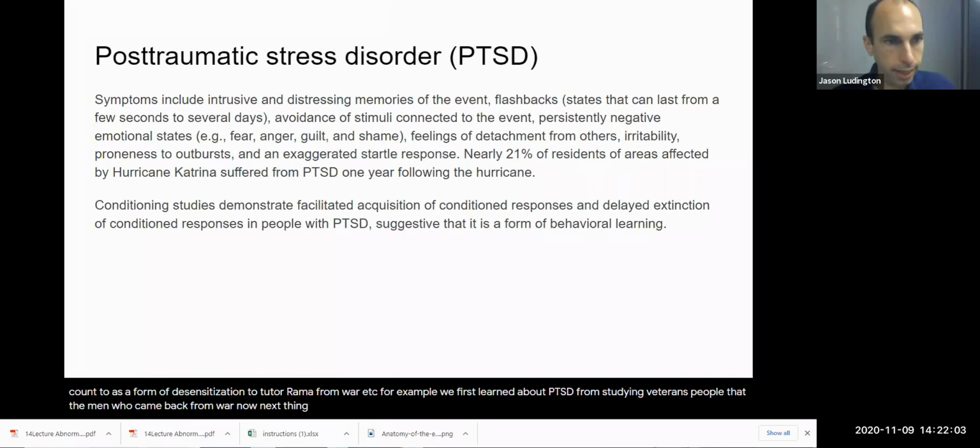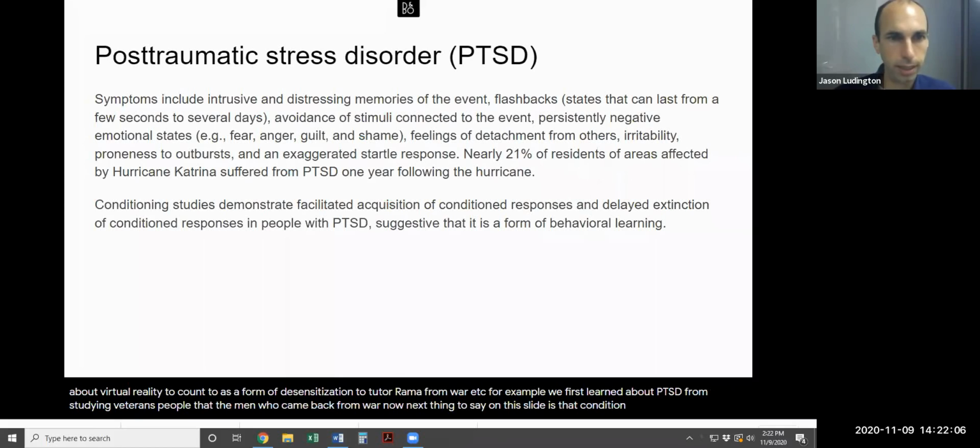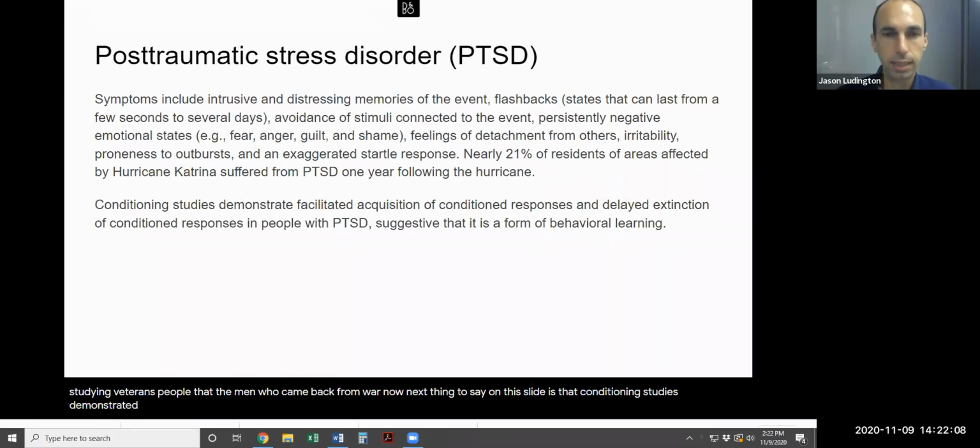The next thing to say on this slide is that conditioning studies demonstrated facilitated acquisition of conditioned responses and delayed extinction of conditioned responses in people with PTSD. And this is not responses to the trauma. This is general conditioning ability.